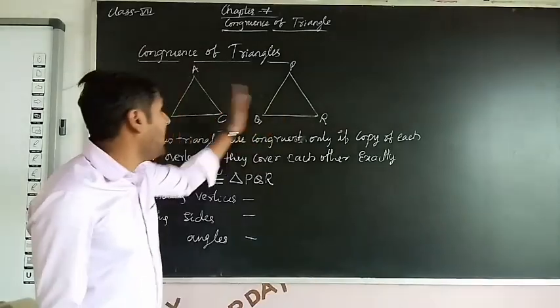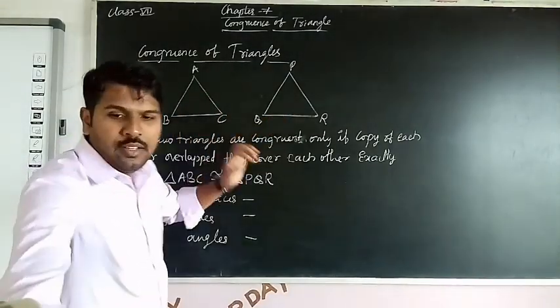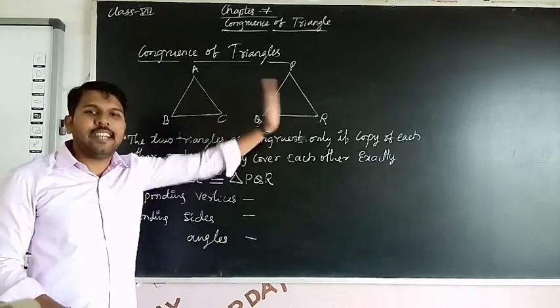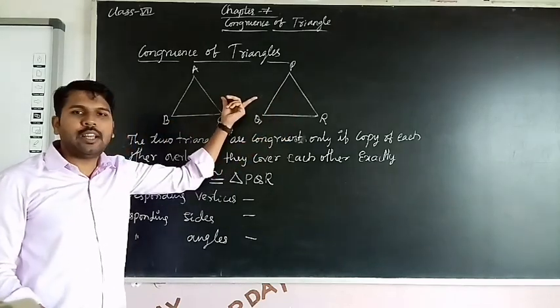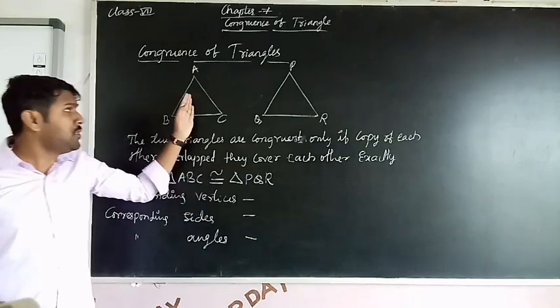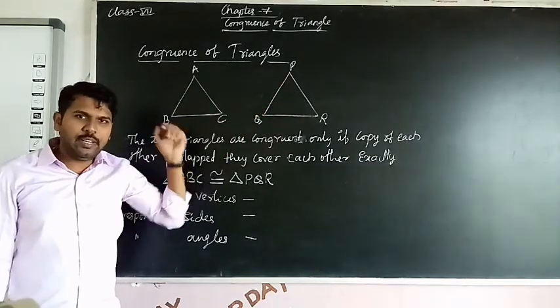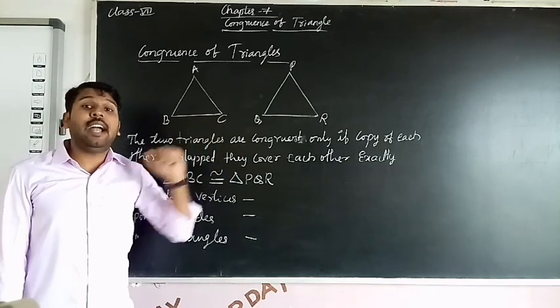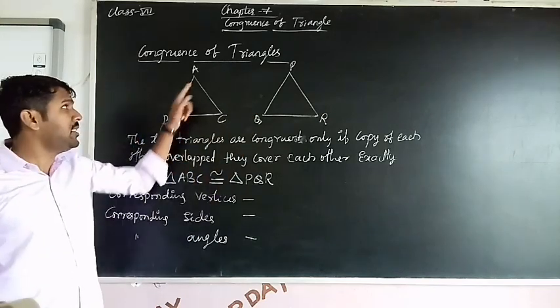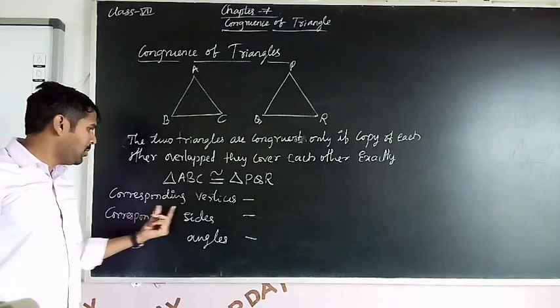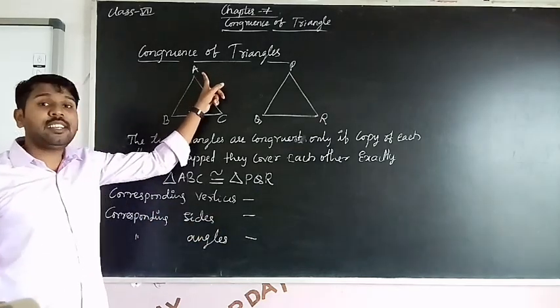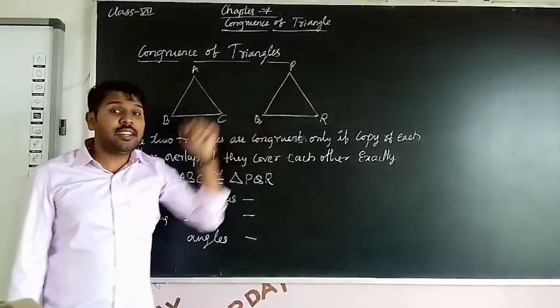Like that, triangles also. If you overlap one another, they cover each other exactly. That means these two triangles are congruent. Okay. So if these two triangles are congruent, then how to write the corresponding vertices, sides and angles? Okay. So first, corresponding vertices. For this vertex A, which is the corresponding vertex of the other triangle?